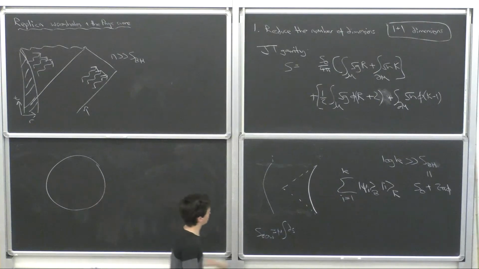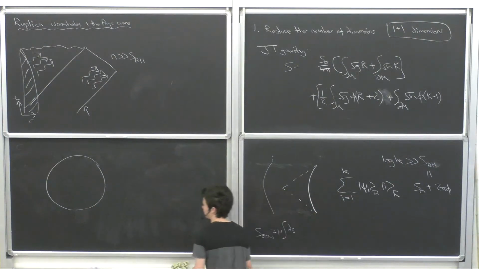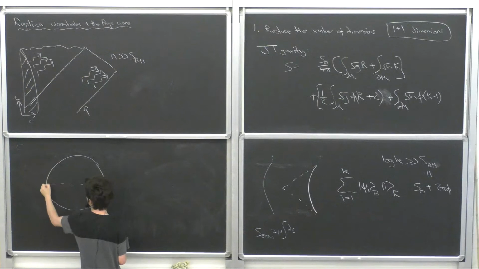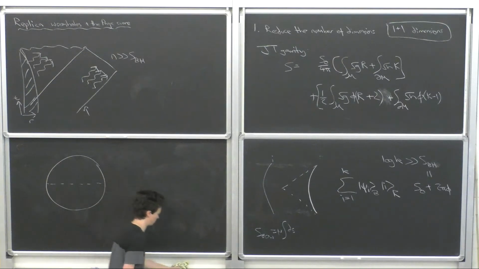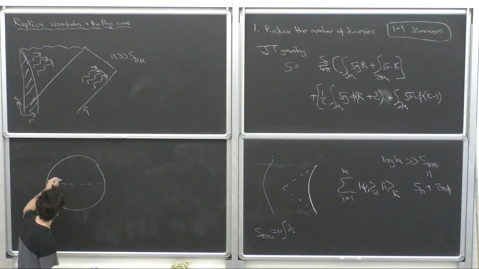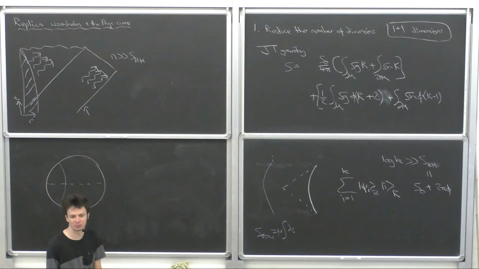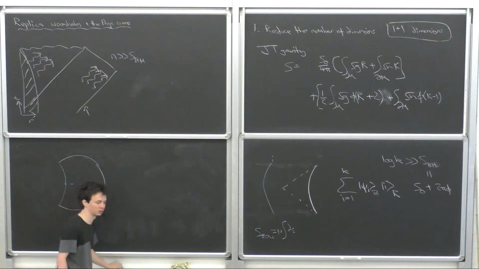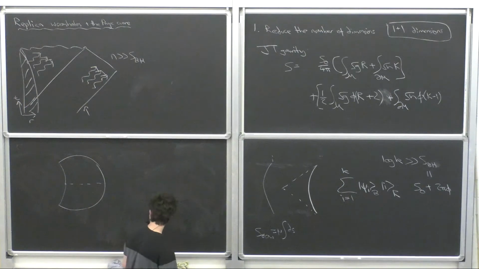We also have this end-of-the-world brane sitting somewhere in the interior, so the slice where the Lorentzian geometry starts is the middle of the disk, and on that slice the end-of-the-world brane is sitting somewhere there. Then that end-of-the-world brane is just going to follow a geodesic. It's going to come out and hit the boundary somewhere there. So this part of the boundary doesn't actually exist in the end-of-the-world brane Euclidean geometry. We just have part of a thermal circle and then ending on some end-of-the-world brane.